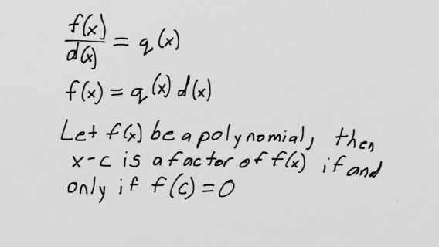Now the textbook goes ahead and breaks that into two different statements, one going each direction. But something we do in higher mathematics is we just label that with if and only if.